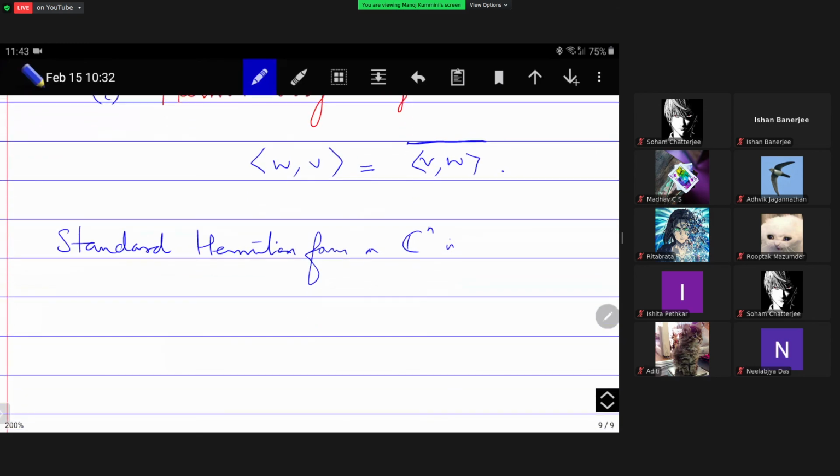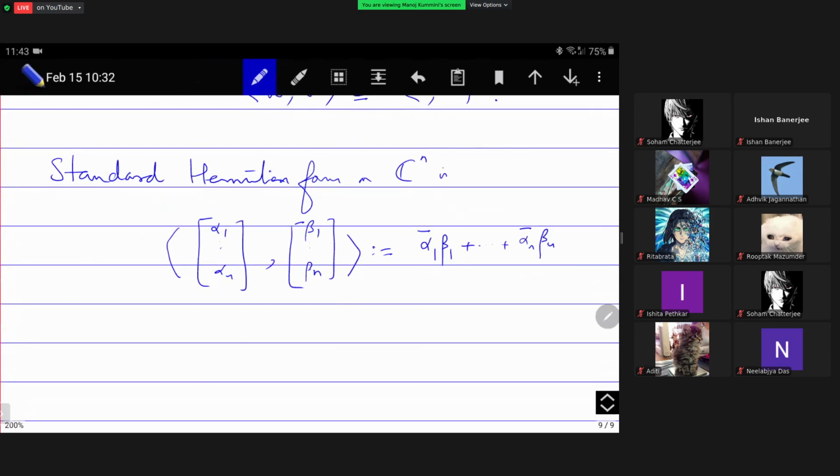Let us say we have alpha 1 through alpha n, and beta 1 through beta n. This is alpha 1 bar beta 1, and so on, up to alpha n bar beta n.